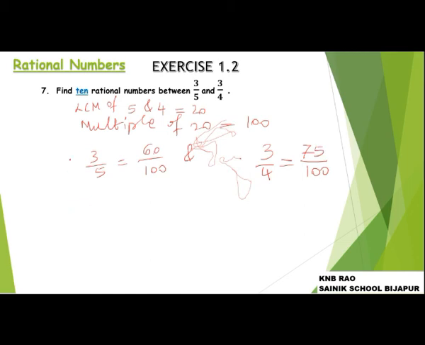Now between 60 by 100 and 75 by 100 we have so many numbers: 61 by 100, 62 by 100, 63 by 100, and so on up to 74 by 100.